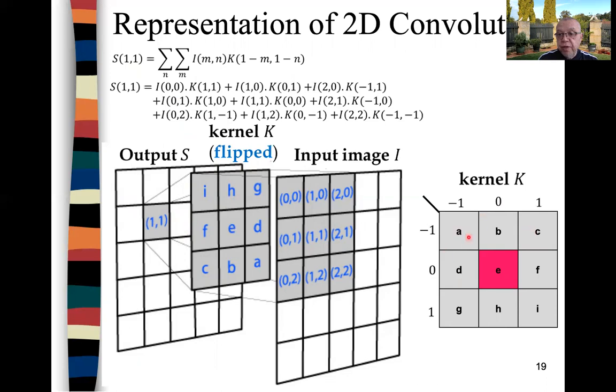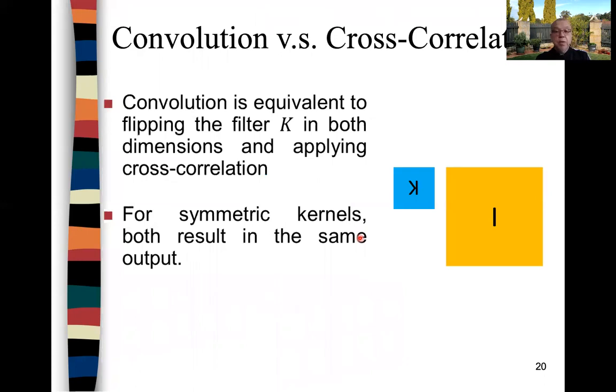These are the values of the kernel A, B, C, D, E, F, G, H. We flip the kernel so that it becomes I, H, G, F, E, D, C, B, A. And then we locate the kernel at the center at 1, 1. And then we look at the image. So for K11, which is this value here, we multiply it by this one, plus this multiplied by this, multiplied by this, multiplied by this, and we sum the results. Okay?